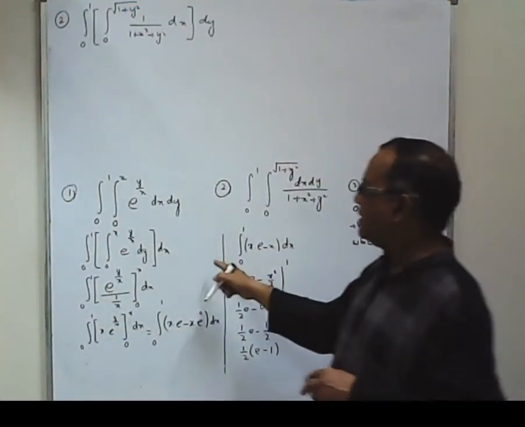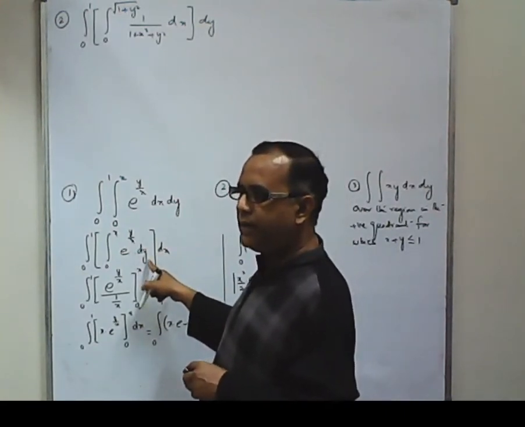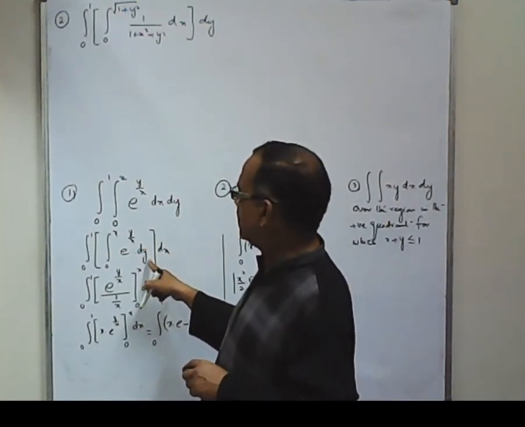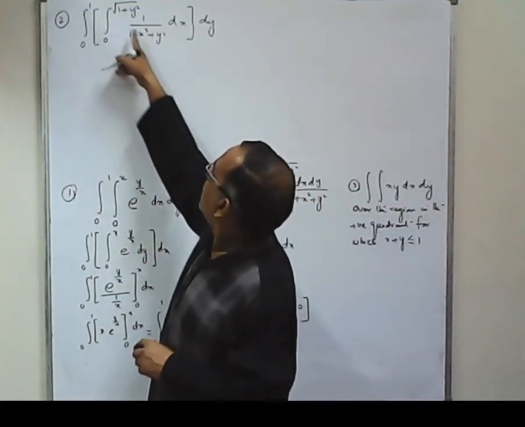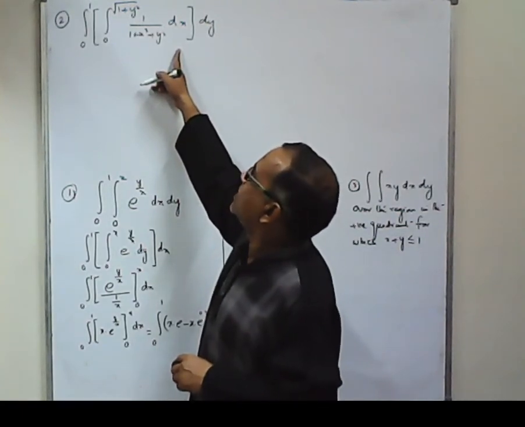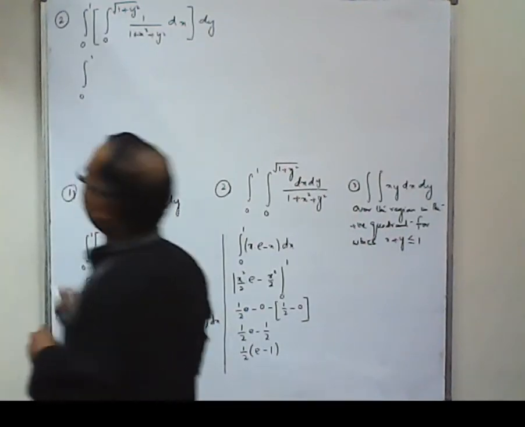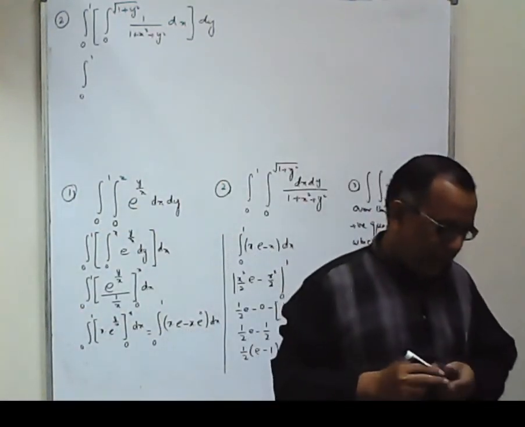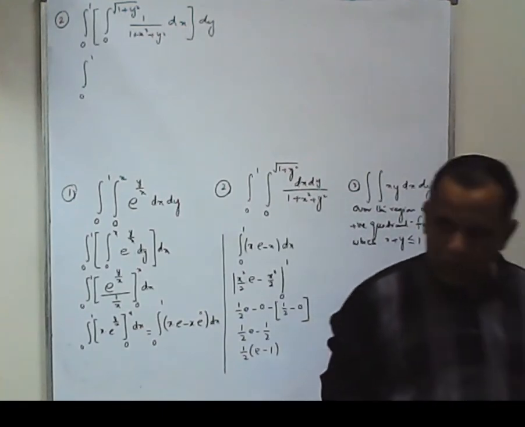If you compare this one, I integrated with respect to y first because the limits are in x. If the limits are in y, you need to integrate with respect to x first. So it means if I am integrating with respect to x first, then what will happen?